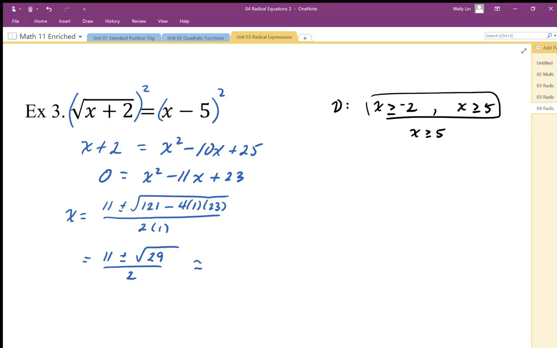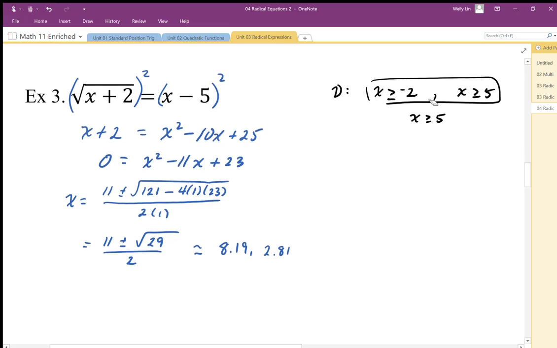So we go 11 plus the square root of 29, divided by 2. Then we get 8.19. And then with the minus, we get 2.81. So it looks like that 2.81 is going to be an extraneous solution.